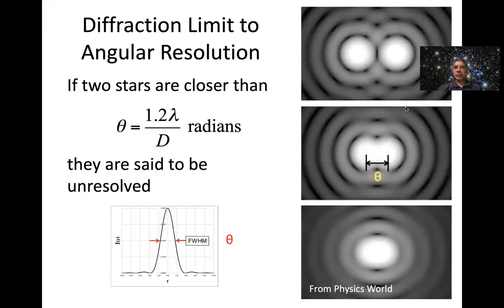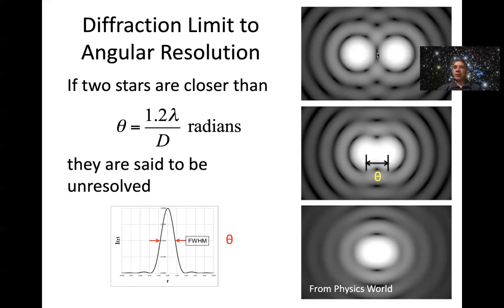So that leads us to this next concept, where if we just look at the images on the right-hand side for a moment. Imagine now that you're looking at two stars, and the diffraction effect will spread out the light of both of them. Hope you can see my cursor here.